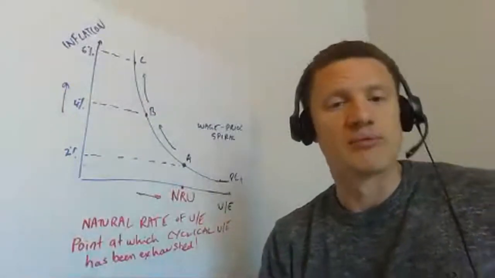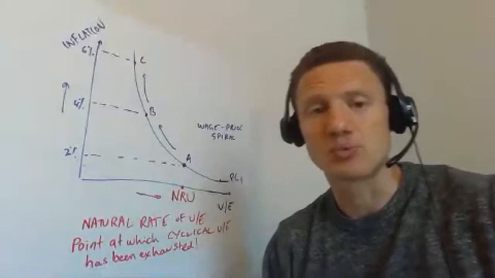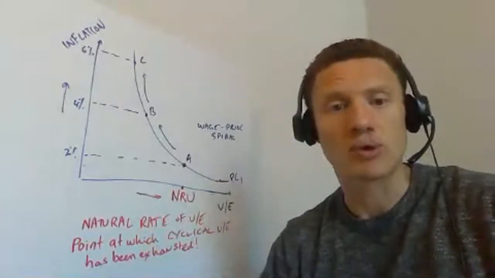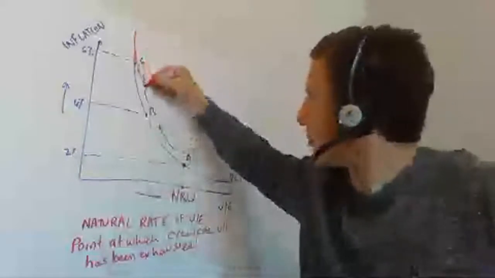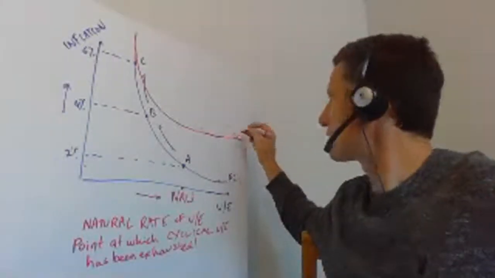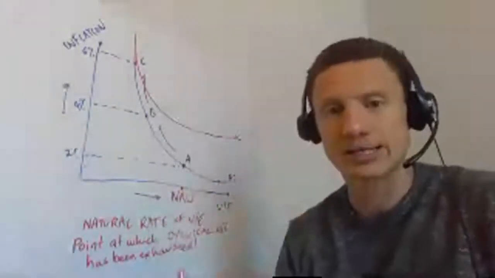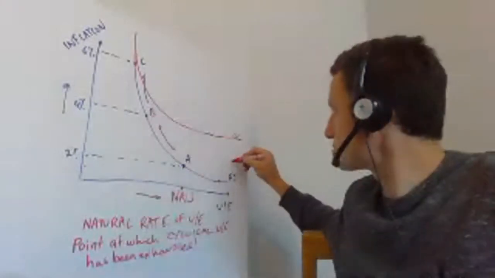So actually, remembering what we did in the last episode, we said that costs of production have gone up because wages have gone up. We are now coming back down a higher short-run Phillips curve. It's still the same relationship in the short run. Okay, it's still the negative relationship, but it's just shifted upwards.